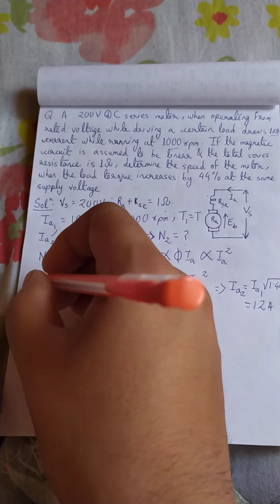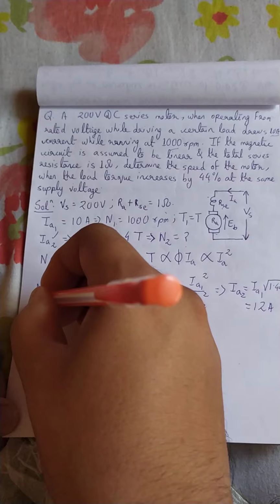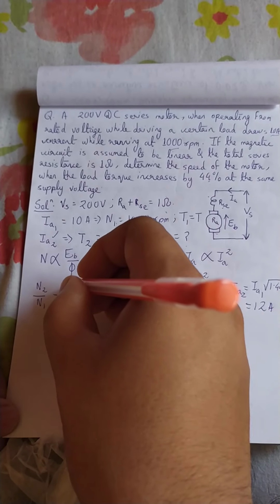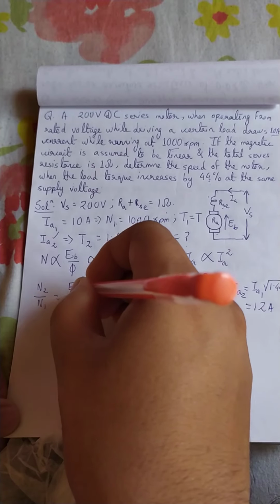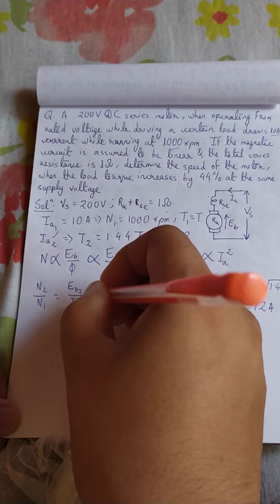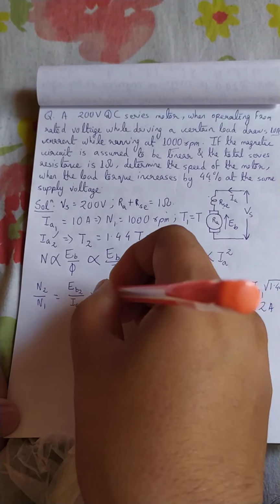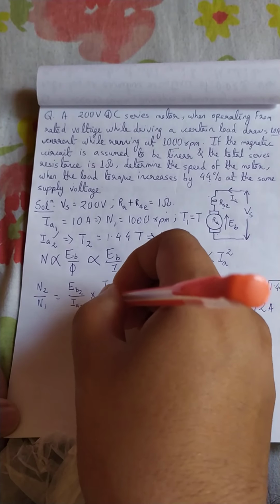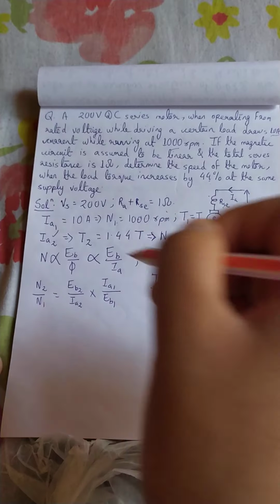So what we could write there is that N2 by N1 will be equal to EB2 by IA2 into IA1 by EB1. Now what is basically the back EMF?